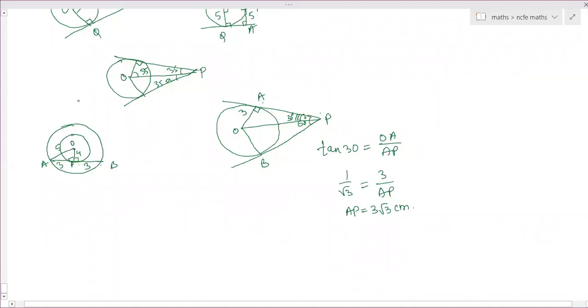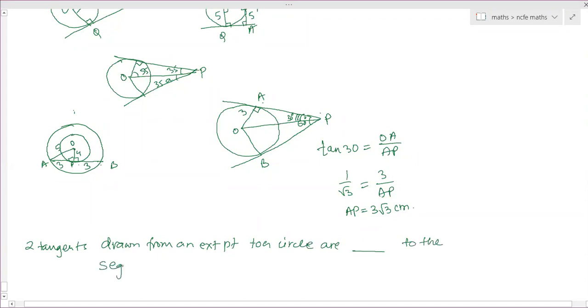Can you repeat again? Yes, ma'am. The two tangents drawn from the external point to the circle are dashed to the segment joining the center to the point.